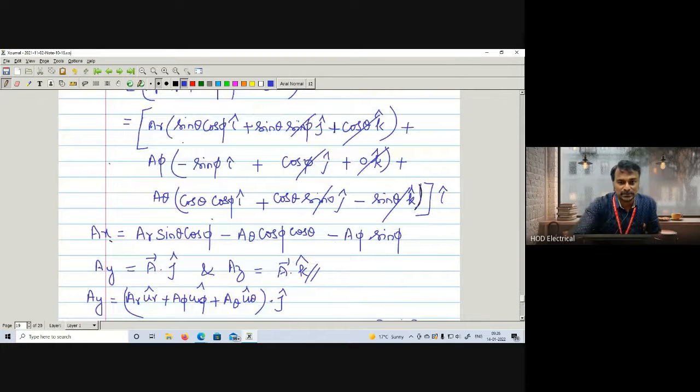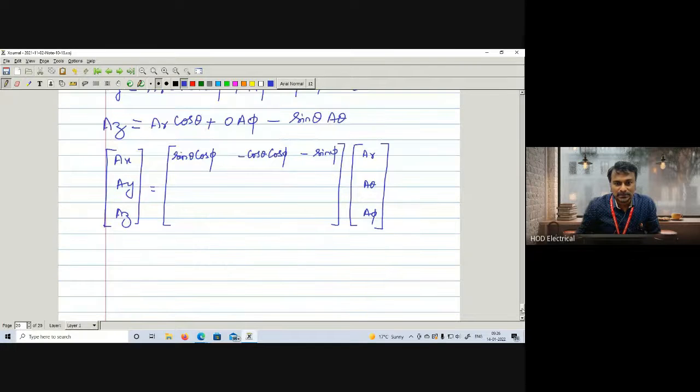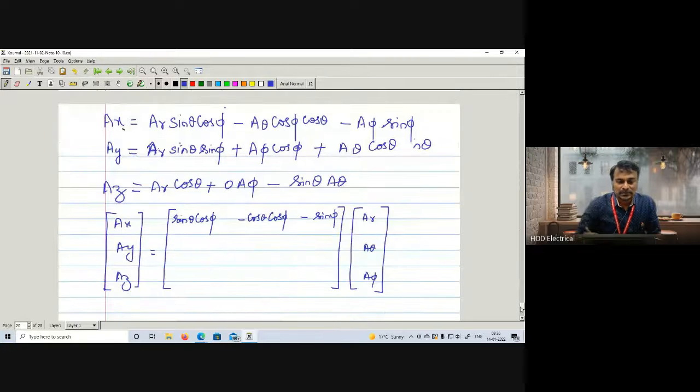This will be plus, since we have the A theta component only, plus component. Then we write sin theta sin phi, then cos theta sin phi, and this will be cos phi, right?